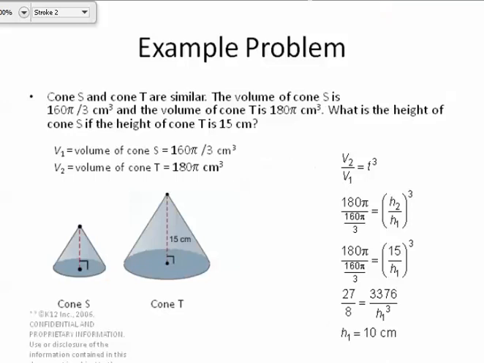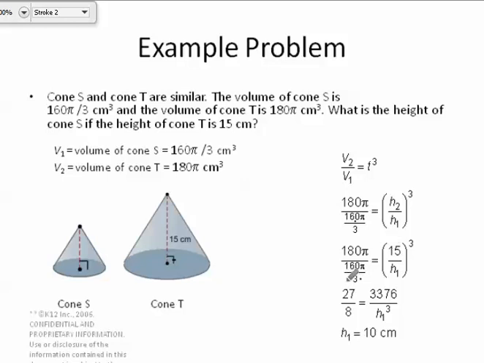Okay? One more cone problem here. They're saying these two cones are similar. The volume of S is this amount, and they're wanting to know the volume of T is this amount. They're wanting to know how the heights are related. Well, you just simply divide the volumes by each other, and you're going to get the scale factor for it. Okay?